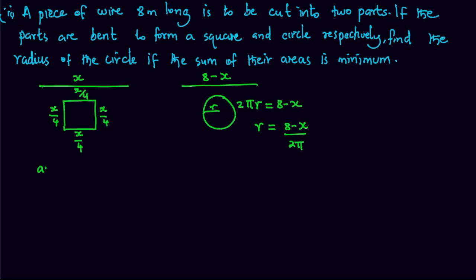Area of the square is (x/4) squared, which is x squared over 16.